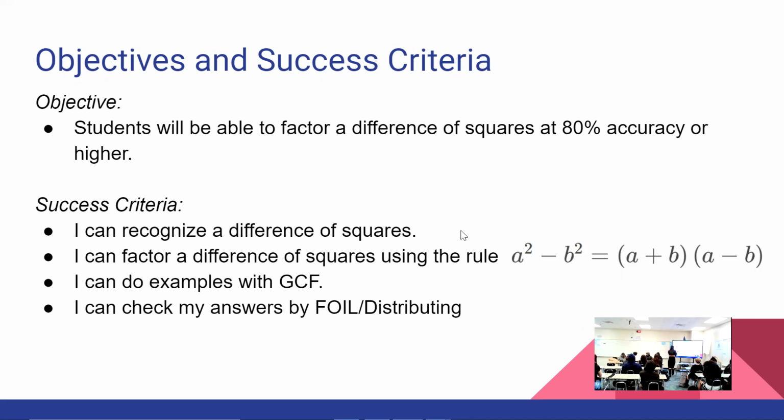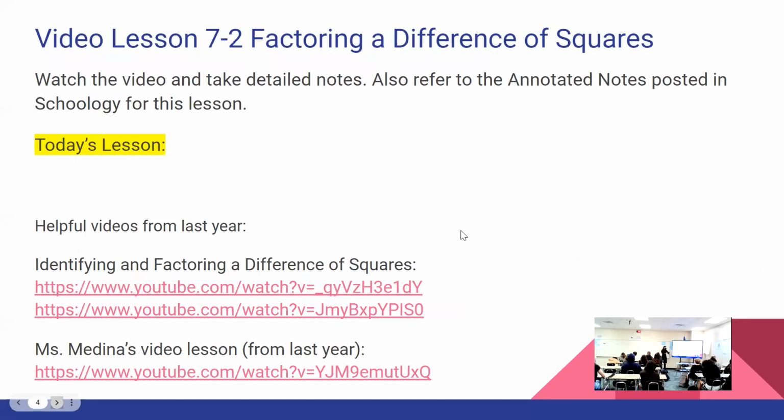I'm providing it to you for your notes, but I'm not providing you anything on this coming up test as far as formulas go. That's why you need to take good notes, since you can use notes on practically all of your tests. That rule we'll talk about in a second. You also need to be able to factor a difference of squares when there's a GCF involved, and be able to check your answers by FOILing/distributing.